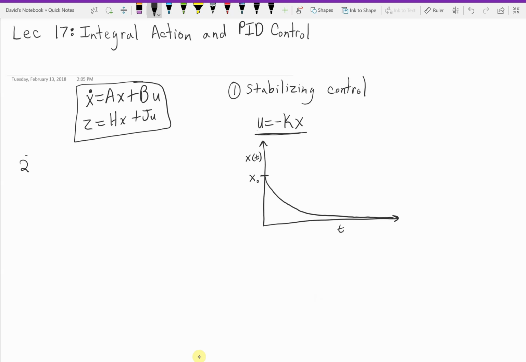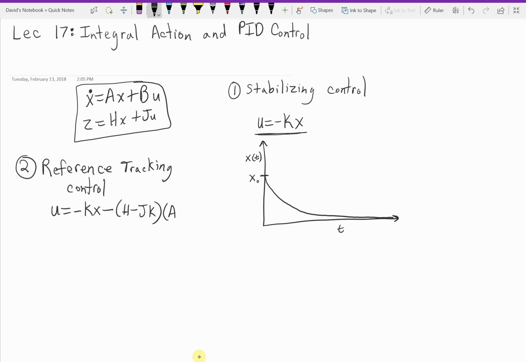After that, we considered a second type of control called reference control, or reference tracking control. And in this kind of control, you'll remember that we added to our stabilizing controller this gain times our desired output, ZD.